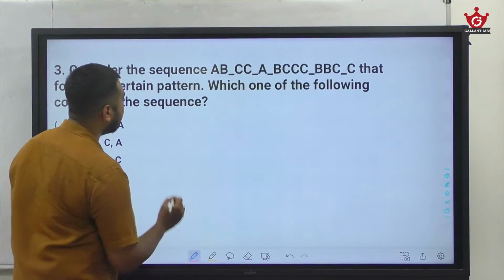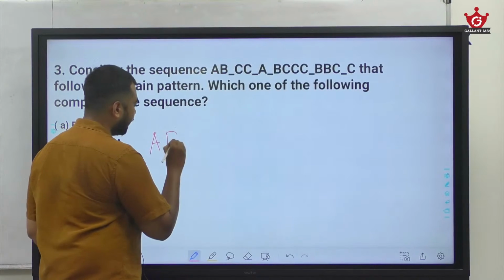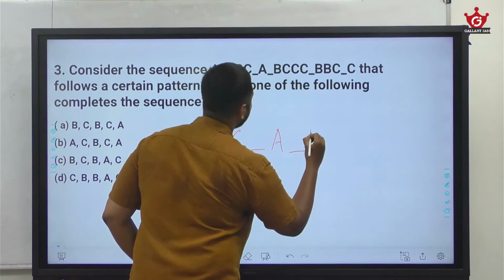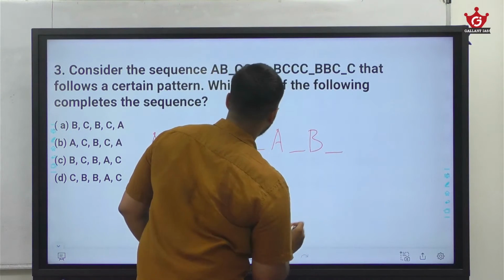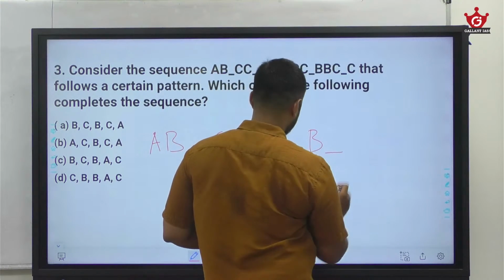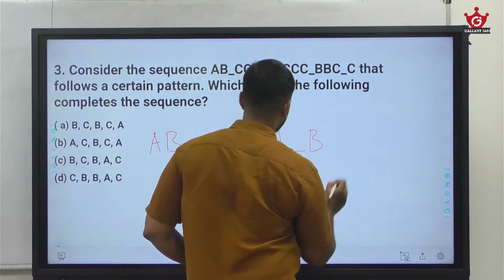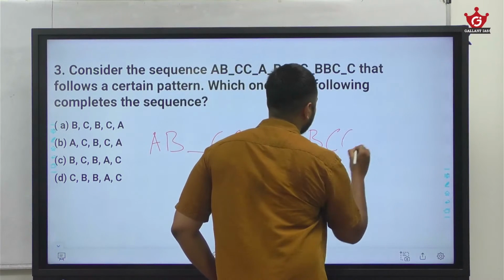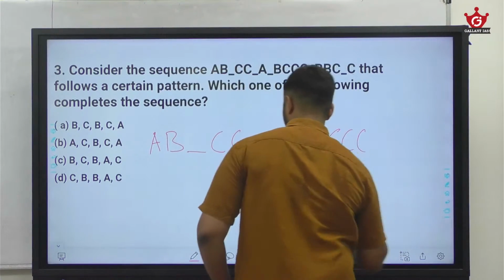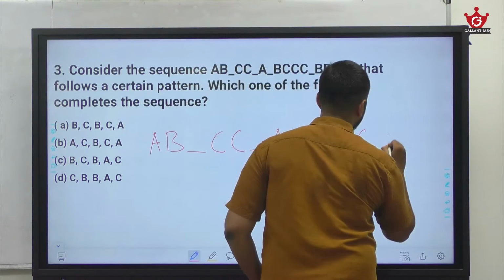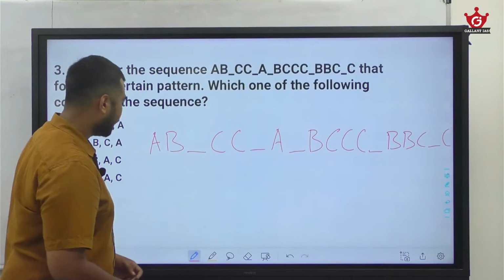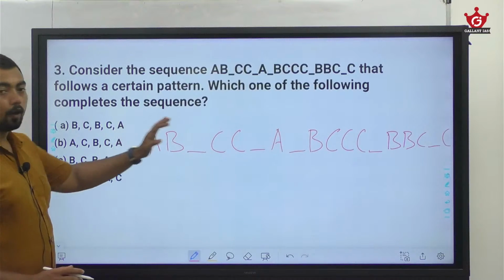The series that is given here is A, B, C, C, A, B, C. For these kinds of questions you can directly apply the options and find the answer.